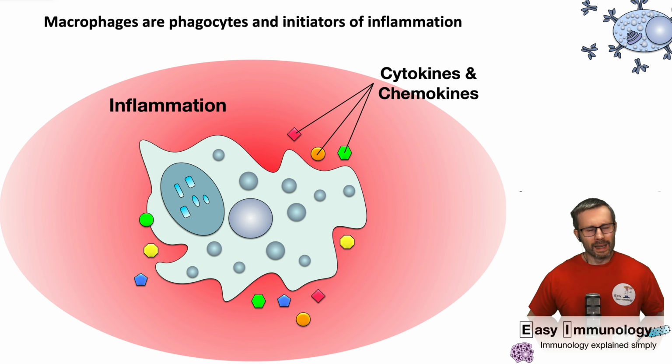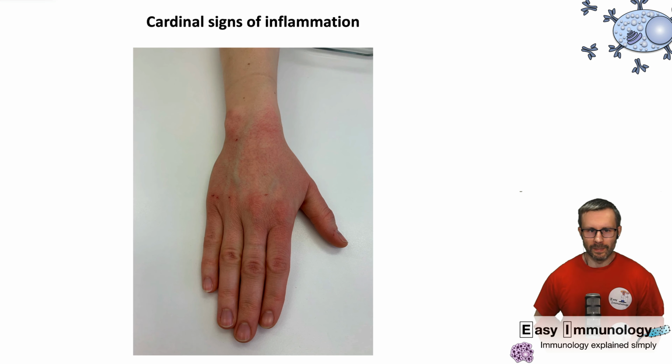And together, this activation of phagocytes, the most famous type being the so-called macrophages, results in an inflammation. So an activation of the immune system is usually paralleled by a process that we call inflammation.